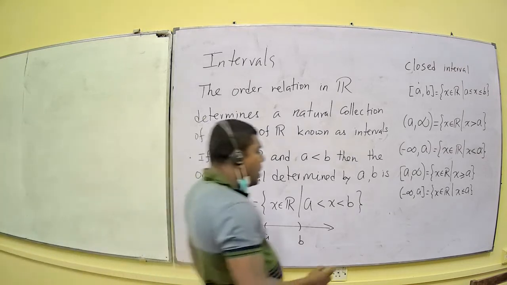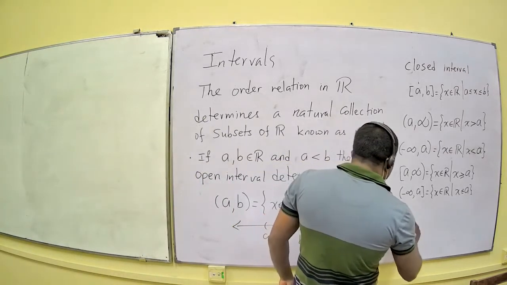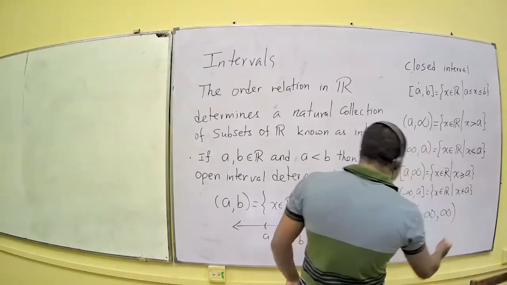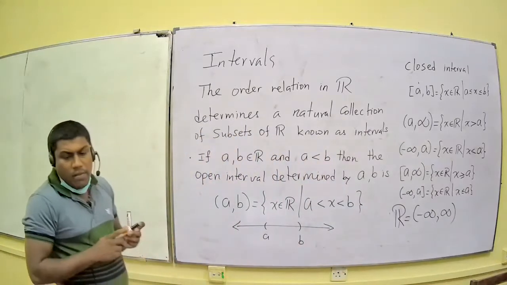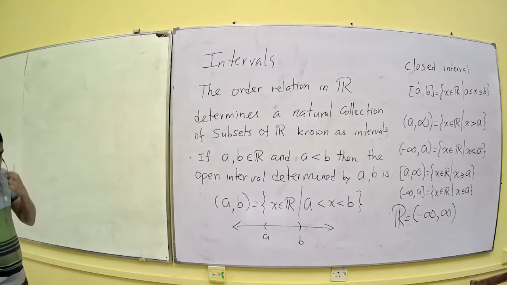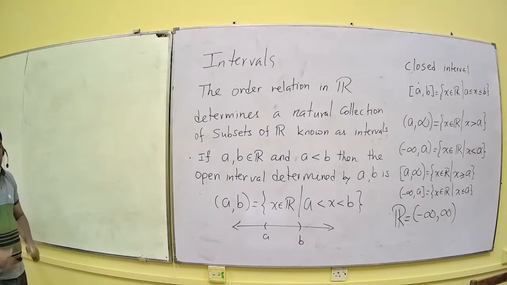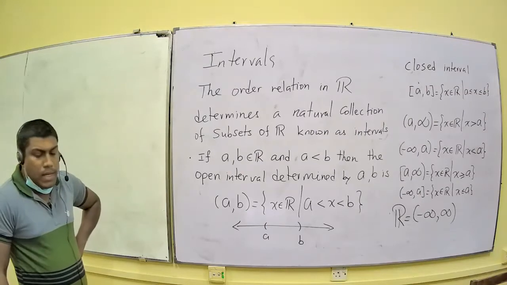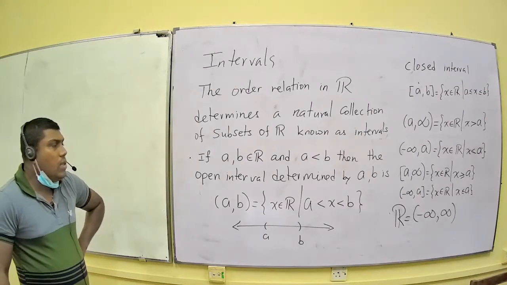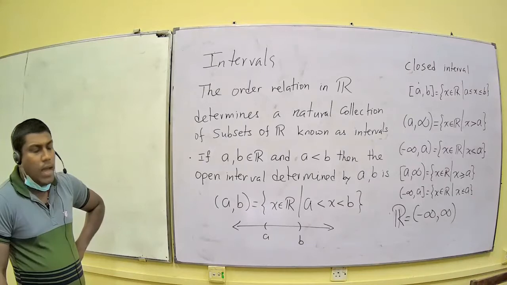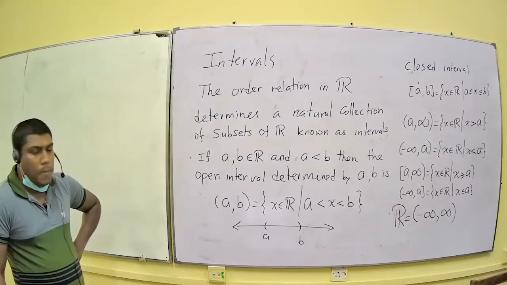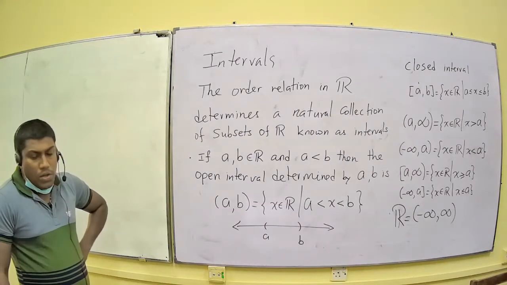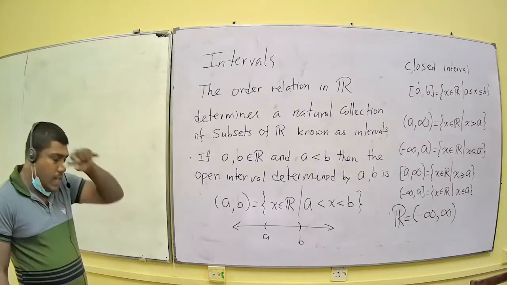Based on this, you can notice that the real number system is an interval from negative infinity to positive infinity. This is how you can define the intervals, which is basically a consequence of the order relationship which we have already studied.